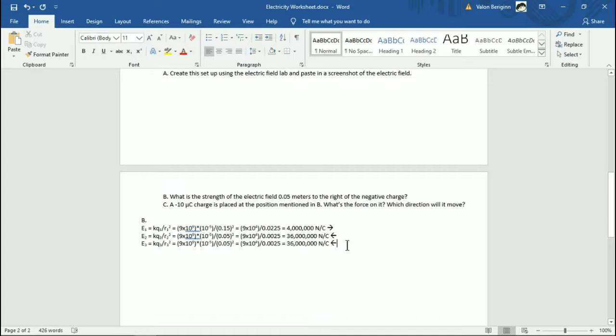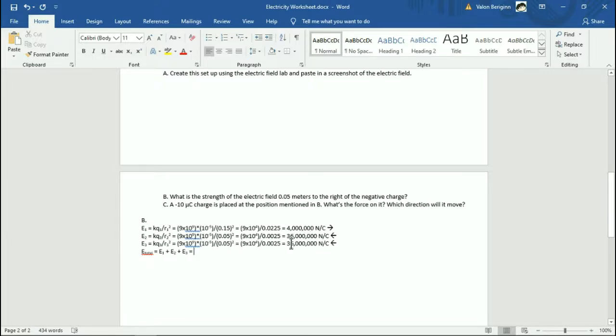So, what is the strength of the electric field? The total electric field. Let me hit backspace. The shortcut for subscript, by the way, it's control equals. And the equals is right next to backspace, so that's why that happens sometimes. You're going to add them up, but they have to be in the same direction. So E1 plus E2 plus E3, but again, they're all in the same direction. Now you'll notice you have 36 million to the left, another 36 million to the left, and then 4 million to the right.